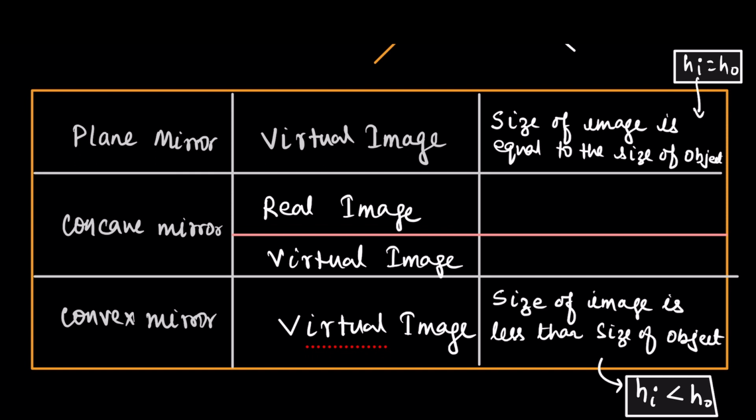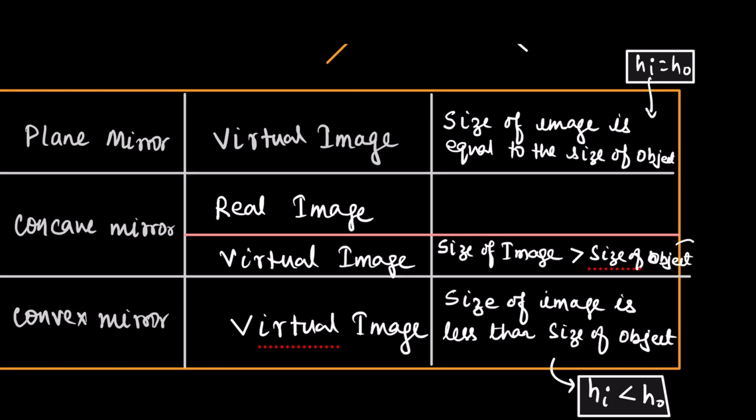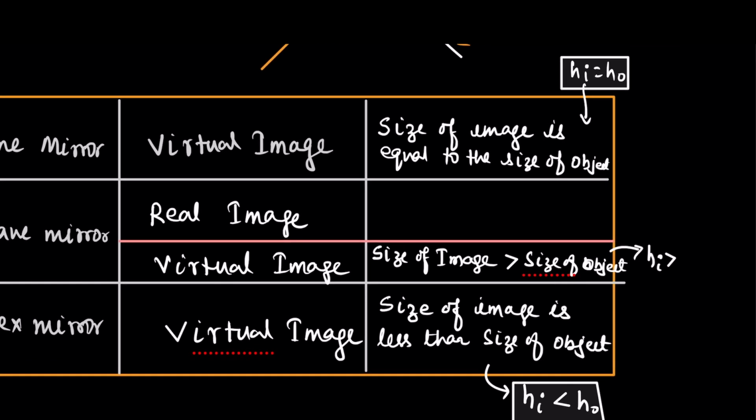In concave mirror we also have virtual image, that is between P and F, but in this case size of image is greater than size of object. So it means that here Hi is greater than Ho. This is a very important result that I'm noting down.